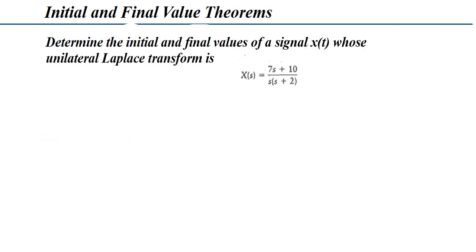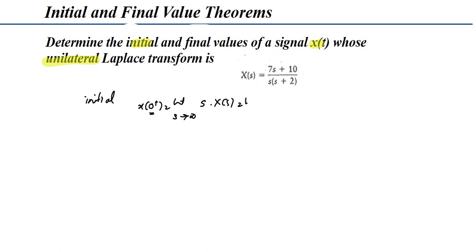Now we will discuss one question. Determine the initial and final value of a signal x of t whose unilateral Laplace transform is given by this equation. Now we'll apply the initial value theorem. The initial value theorem states that x of 0 plus is equal to the limit s tending to infinity of s into x of s.